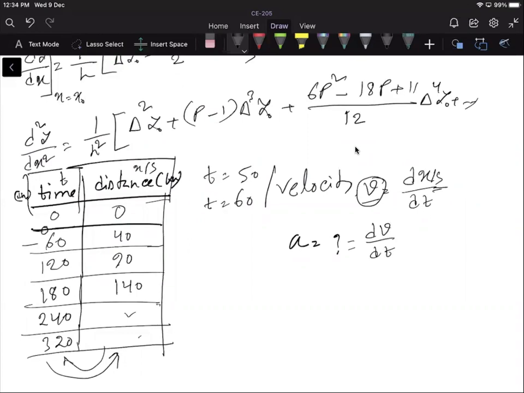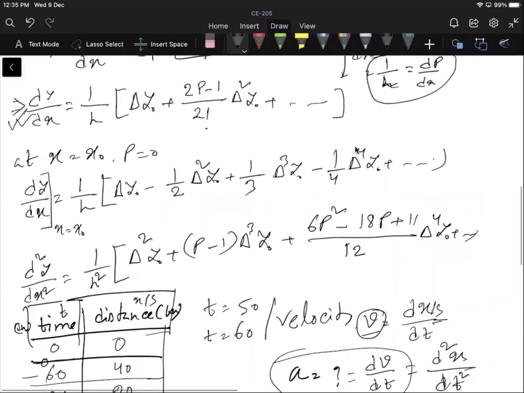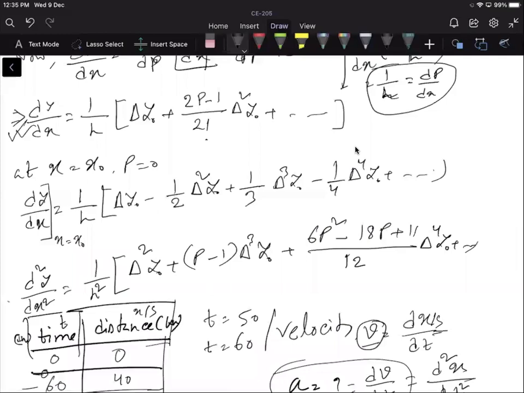This is very well known in physics and mechanics. This is again d square x by dt square, the second derivative of x with respect to t. So the concept here is the first derivative and second derivative.